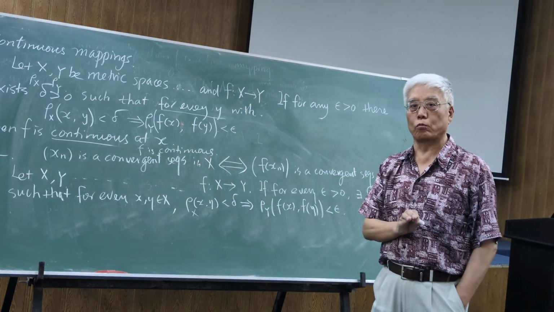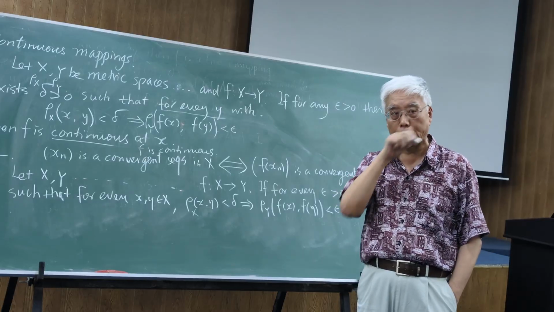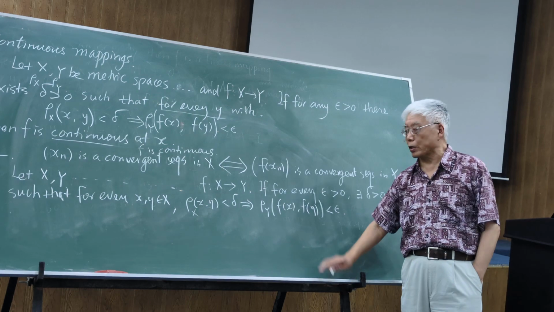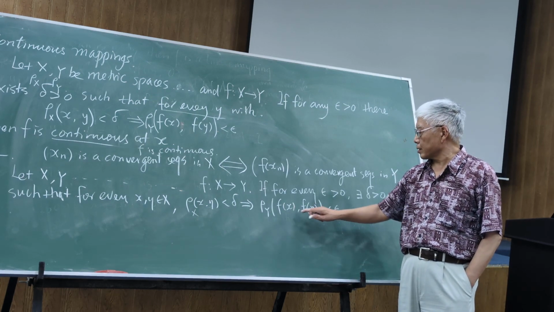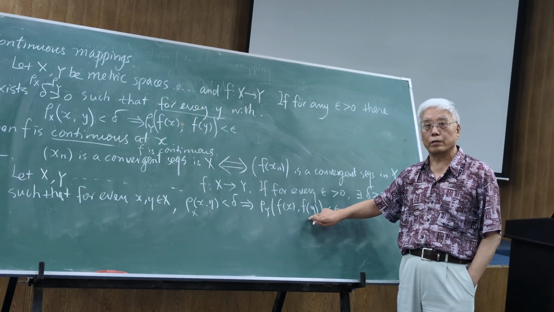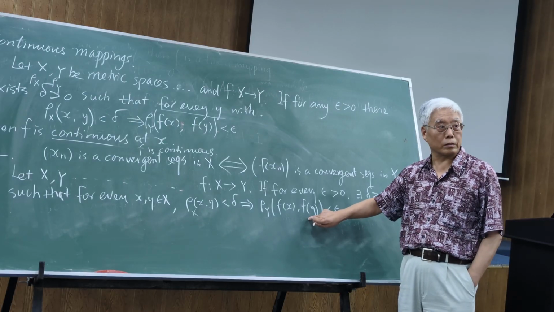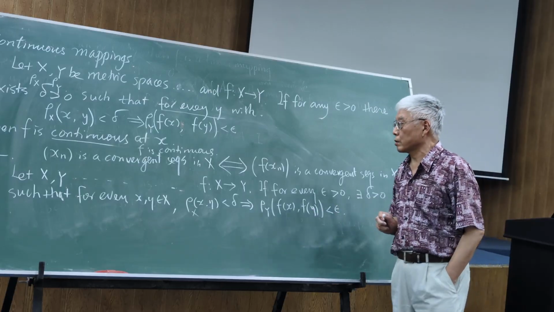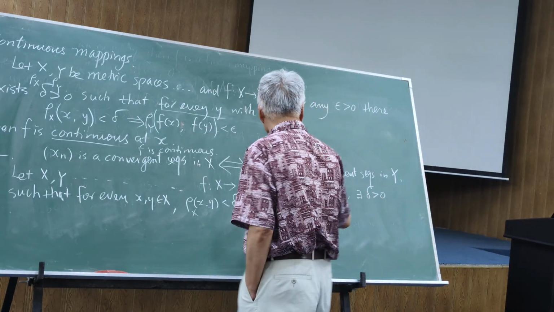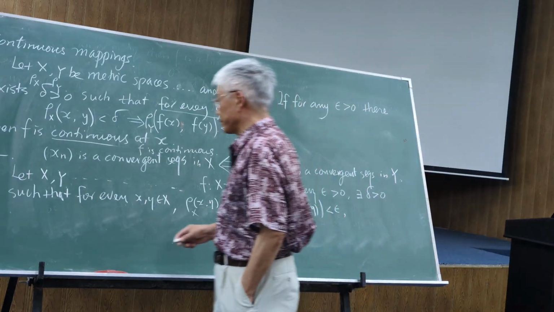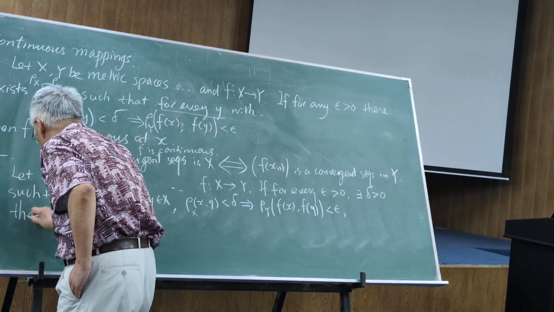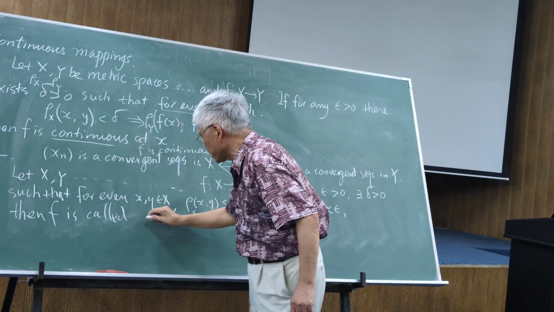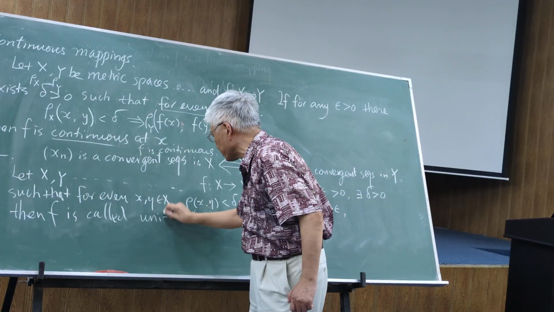Here it's any two points, x, y. Does it look like something for sequences? This is something like the Cauchy sequence definition, because here it's any two terms. Or uniformly continuous.